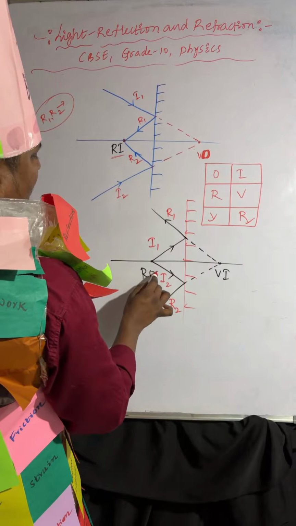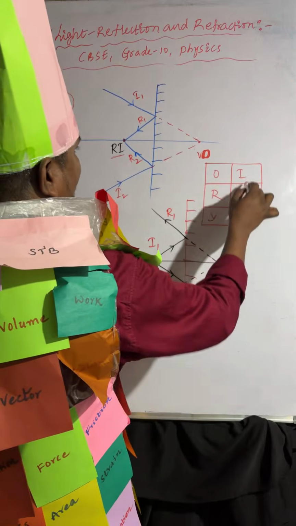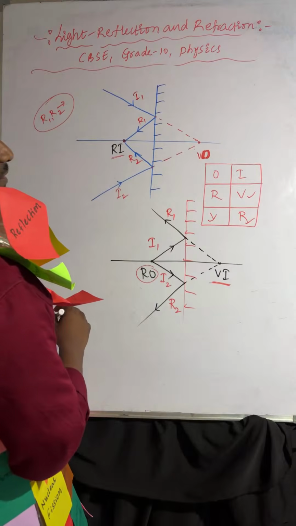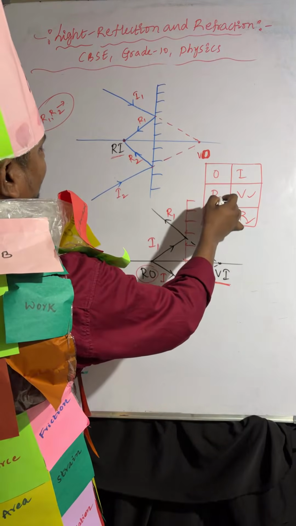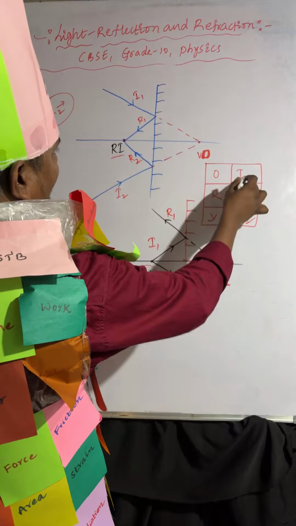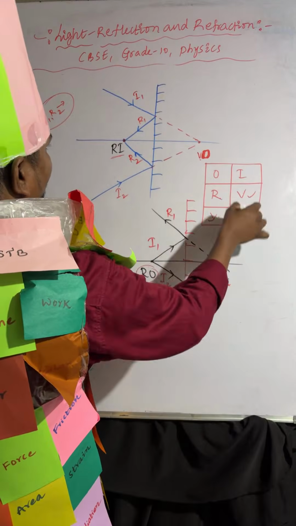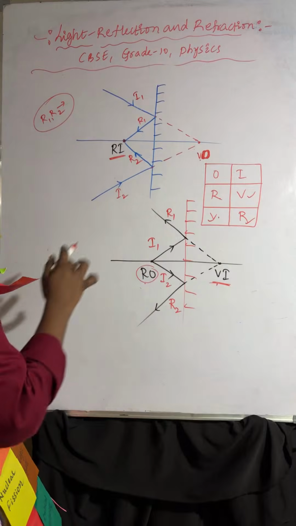And here you can observe real object. What about image? Image is virtual. Understood or not? So we can conclude like that: object is real, image is virtual; object is virtual, image is real. Yes or no? Yes.